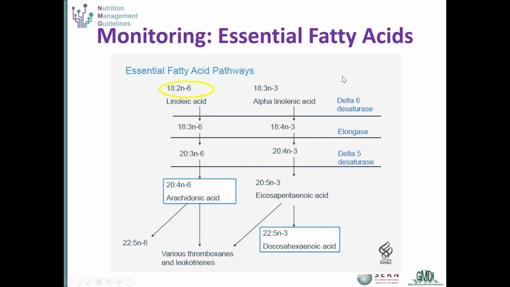The omega-6 pathway is going to have linoleic acid and its product arachidonic acid. The omega-3 pathway is going to have the precursor alpha-linolenic acid and the product DHA or docosahexaenoic acid.